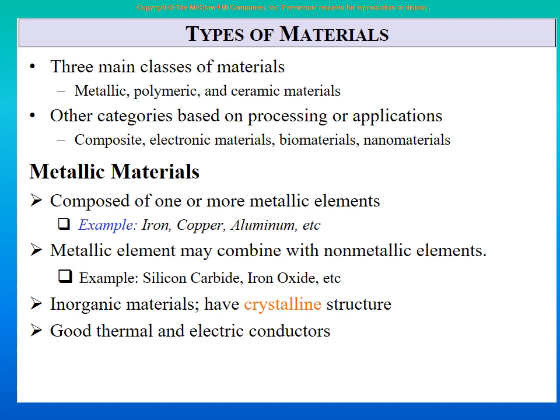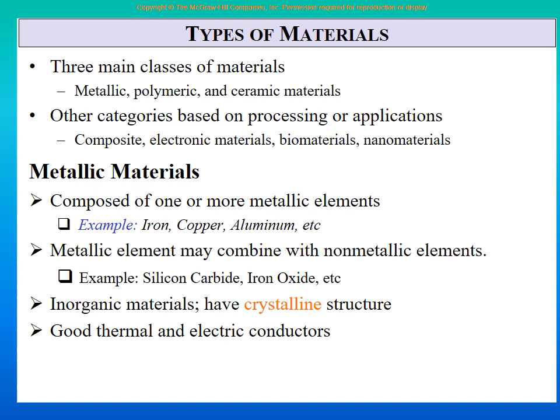And then will come some complicated ones, like composites, and we will see that composites is neither metals nor polymers nor ceramics, but a mixture of these. So that will be composites. And then there will be some other types of material classifications based on their application, like electronic materials.